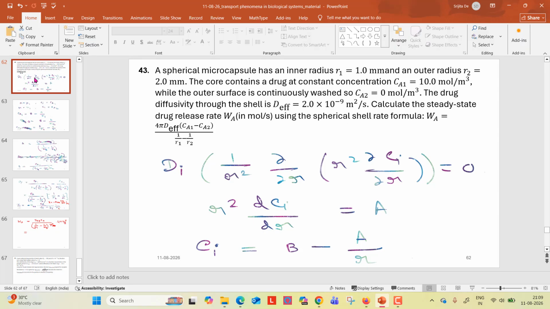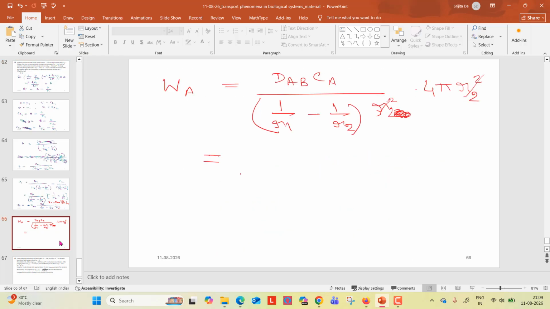So now 4 into 3.14 into D effective is 2 into 10 to the power minus 9 into CA1 is 10, divided by 500. So it is coming as 5.024 into 10 to the power minus 10 mole per second.